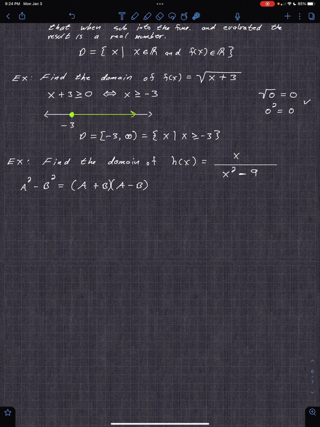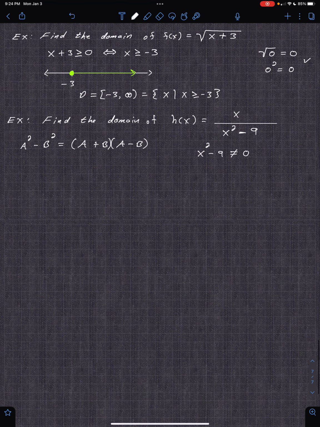So now this is a denominator. This is another denominator one. So what must happen or not happen for the x squared minus 9? Basically we say x squared minus 9 cannot be 0. Then you have to solve that. When you solve that, you factor it: x plus 3 times x minus 3 cannot be 0.